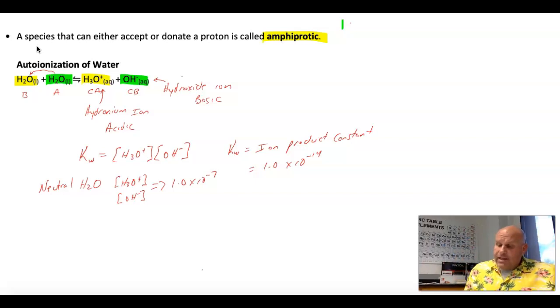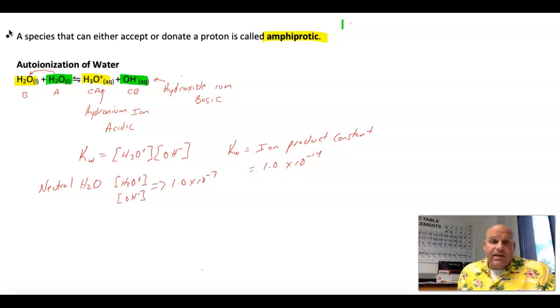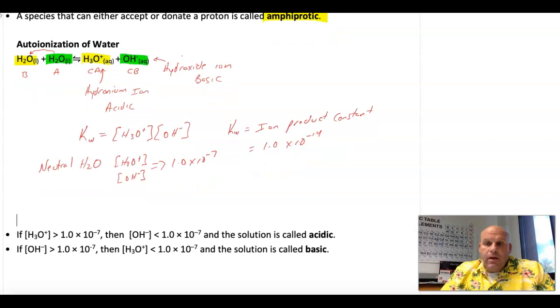Okay? And this is our first example of how we can determine if a reaction is acidic, basic, or neutral. You can see that relationship down below here. If our H3O+ is greater than 1 times 10 to the negative 7th, that must mean that our OH- is less than that value, and then my solution is acidic, since the H3O+ is the acidic nature of a solution.